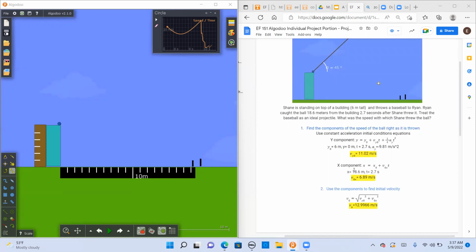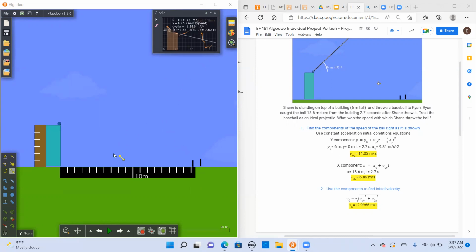And then you plug in these numbers, and you get 11.02 for the y component and 6.89 for the velocity x component. And then you use the components to find the initial velocity, which equals the square root of the sum of the components squared. And then you get 12.9966 with these numbers.